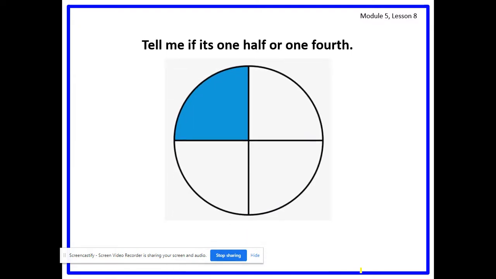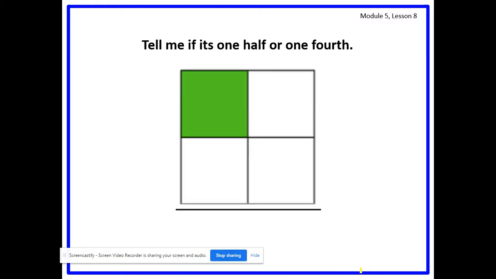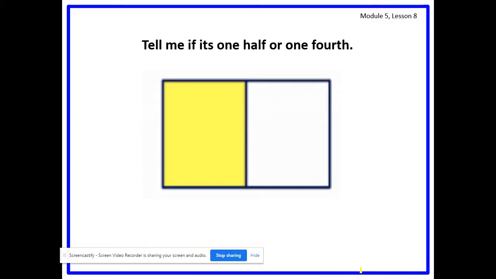Get ready. Yes, 1/4. Get ready. Yes, 1/4. Get ready. Yes, 1/2 because one part is shaded in of 2 equal parts. Way to go, boys and girls.